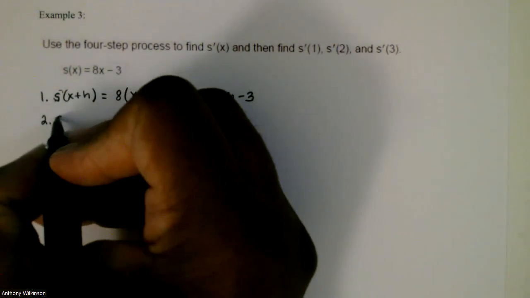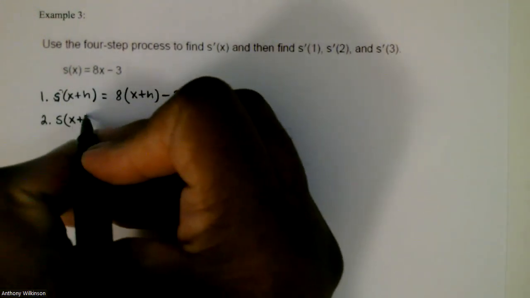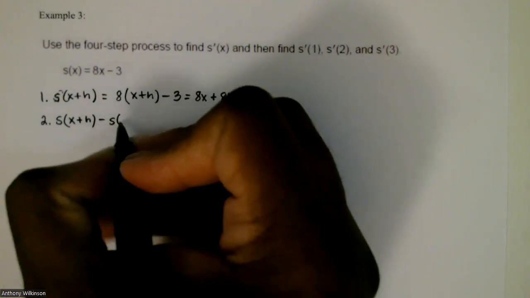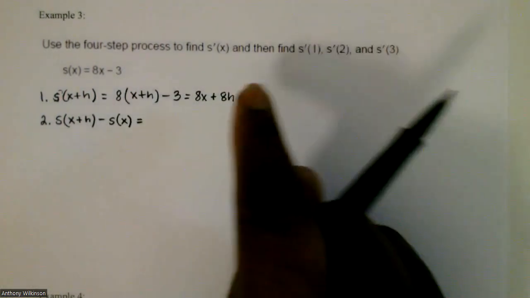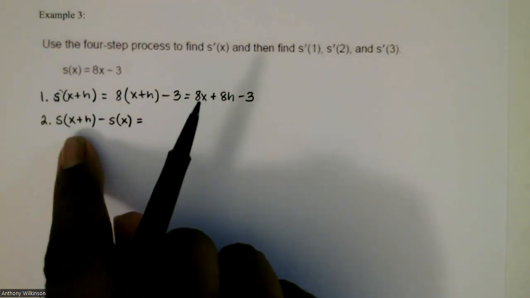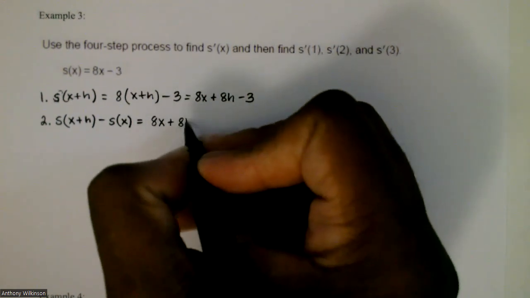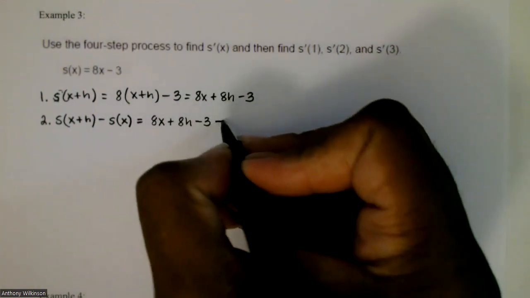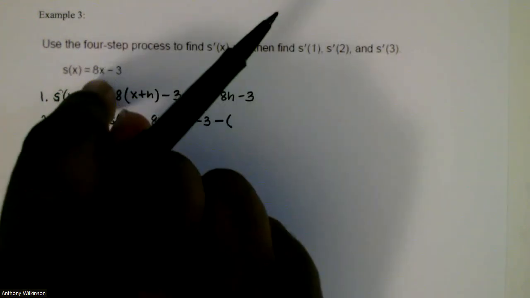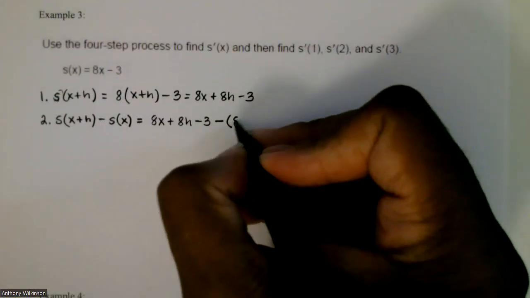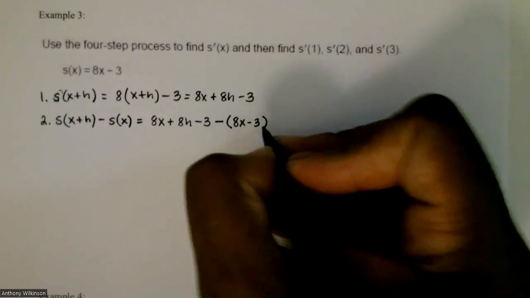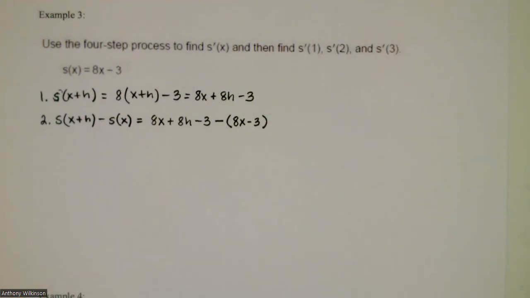Number 2, we're going to do s of x plus h minus s of x. So we already know what s of x plus h is. That's the 8x plus 8h minus 3. We're going to subtract from it s of x, which is 8x minus 3. And notice I'm putting 8x minus 3 in parentheses because I'm subtracting the whole thing from s of x plus h.